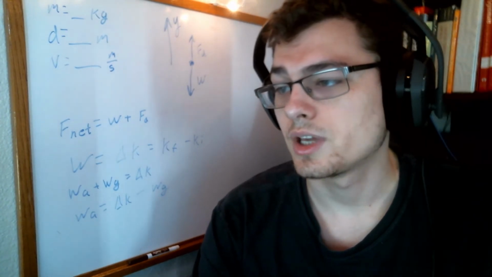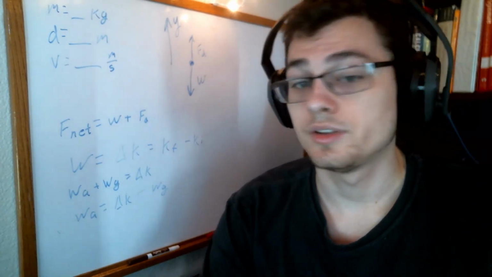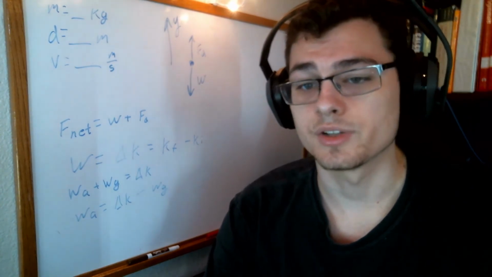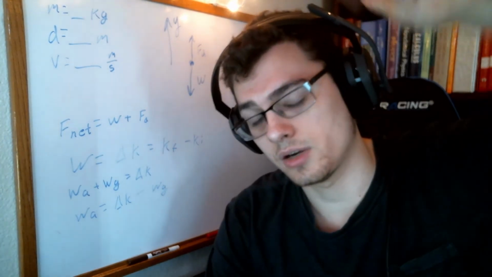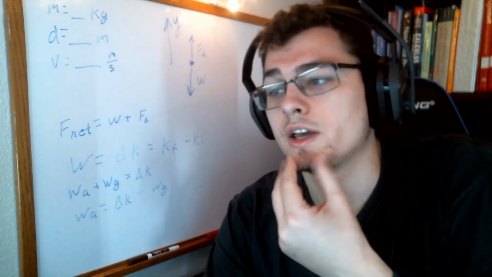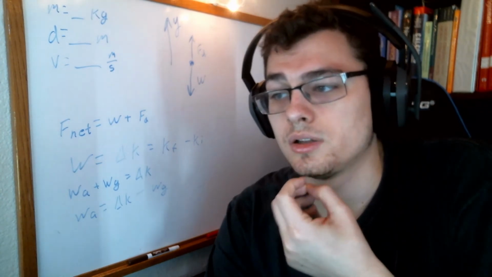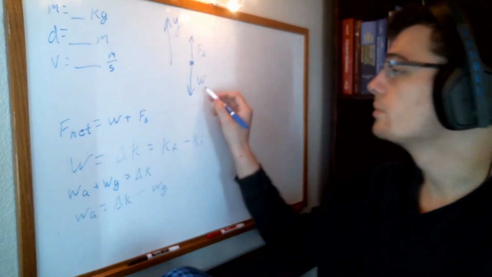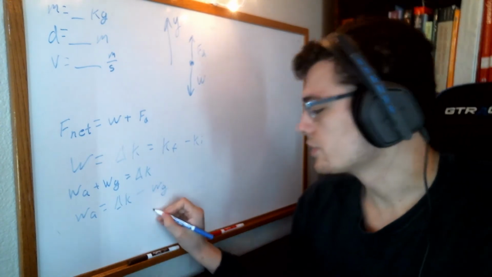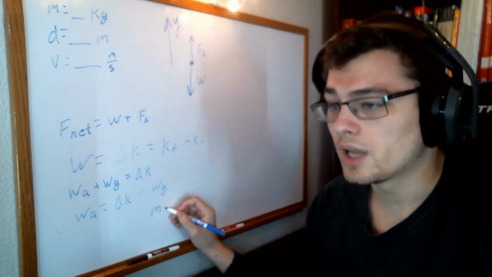In this case, the delta Y is going to be negative because they are falling from a higher height to a lower height, and the force of gravity is pointed in the negative direction. So this is just going to be equal to mgh.